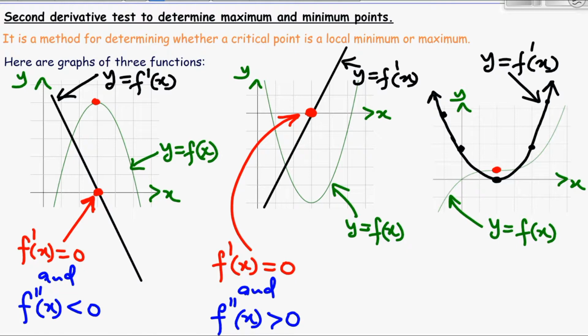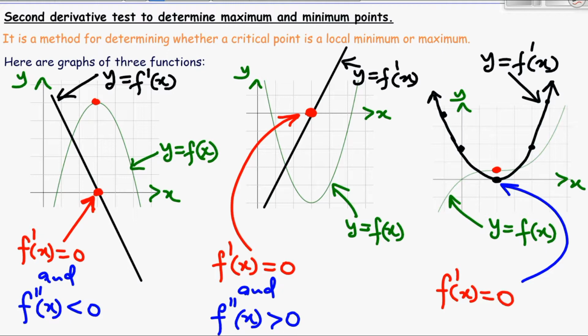But what's more important here? The most important thing here is this. At this point here, actually, I think it's better if I draw it on the other side. So at this point here, we can notice that the gradient is equal to 0, because it's a stationary point.